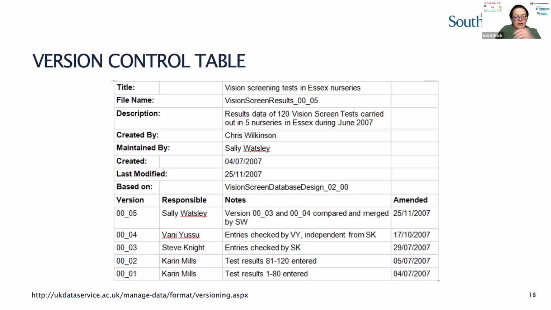So a version control table, as you can see here, normally has all the metadata about who owns it and when it was created, but then gives you a running log of who touched it when, and importantly, an overview of what they've done to it and what substantive changes have been made as you go along. So you might find that a useful tool to use.